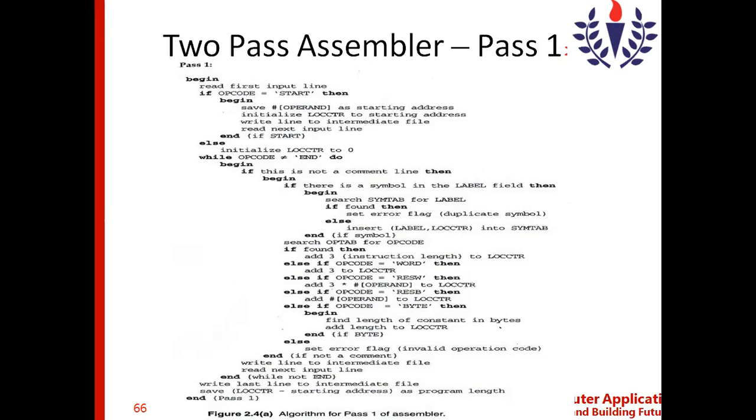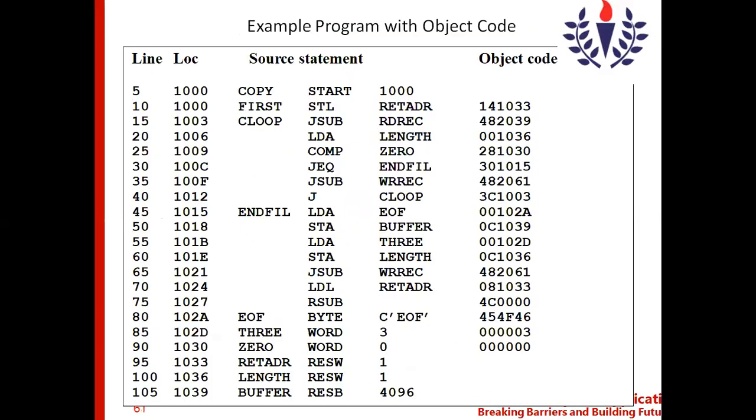Now else, if opcode is equal to RESW. I'll just go back to the previous program slide, where I think I can refer to line number 95. When the assembler reaches line number 95, the location counter value will be 1033. In the opcode field, there is an assembler directive called RESW, and in the operand field it has the value 1.